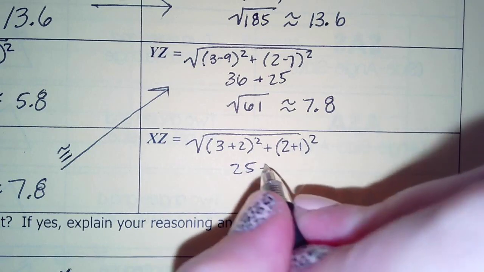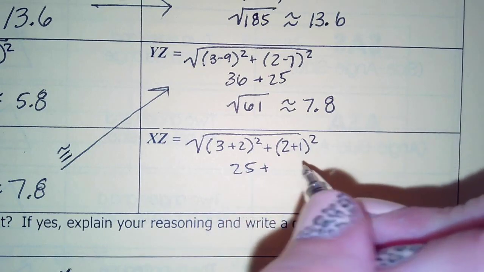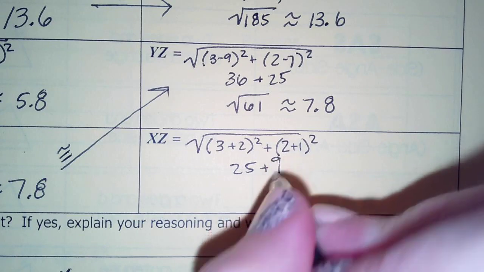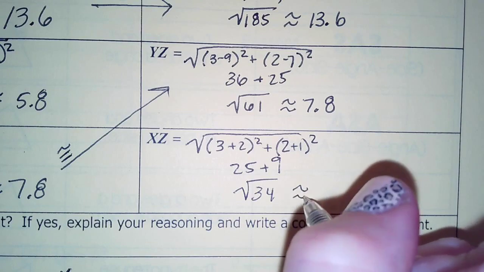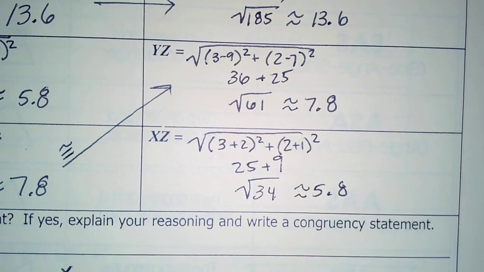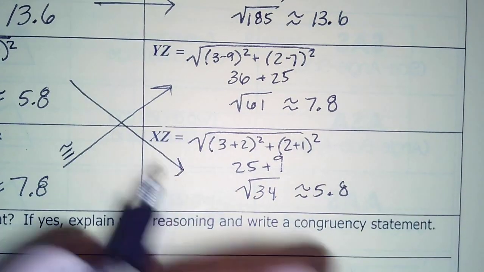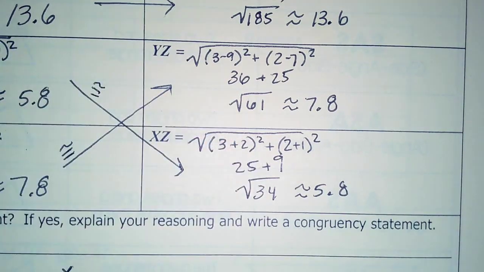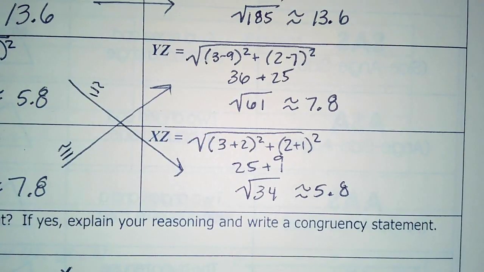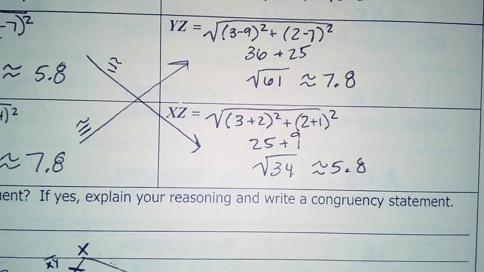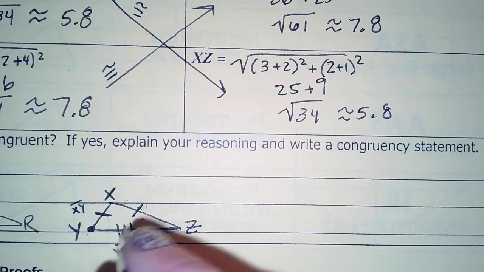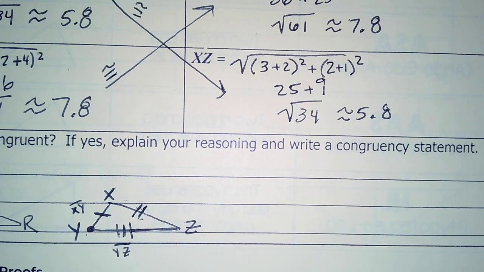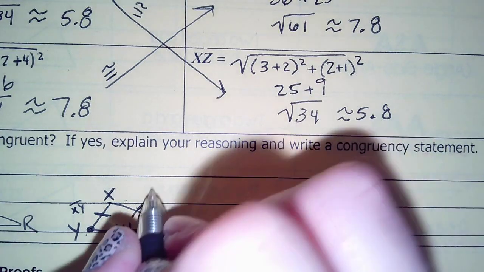Plus 2 plus 1 is 3. 3 squared is 9. So the root of 34. That approximates to 5.8. So I can see now these two legs are congruent. So now I do know that this triangle here has side congruence.